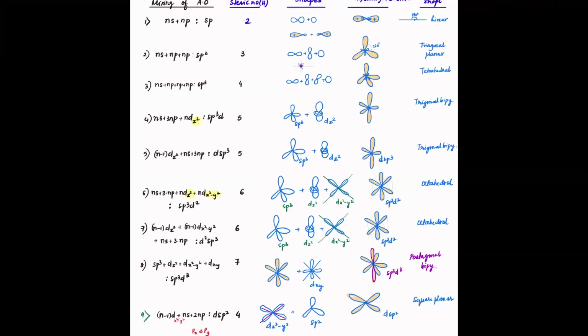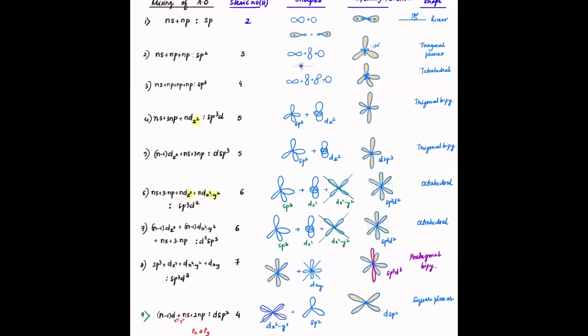Could you just explain the difference between the sixth and the seventh one? The only difference between the sixth and seventh one is in terms of the size of the orbitals. But the shape would remain the same, because 3d versus 4d, if you notice, 3d would have a relatively smaller size, 4d will have a bigger size.